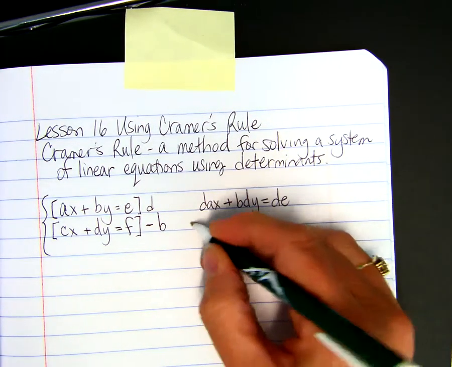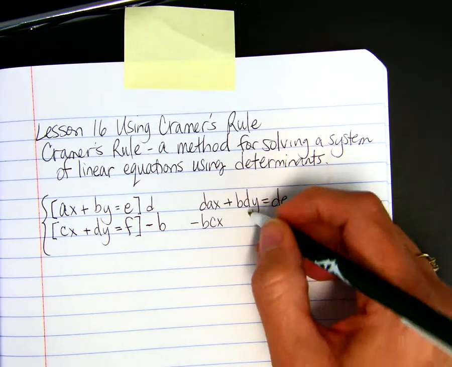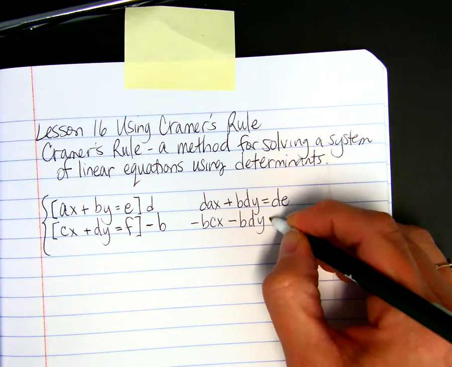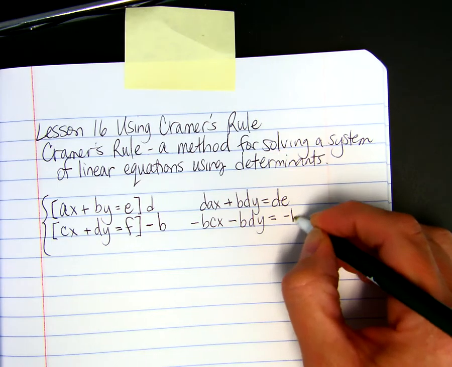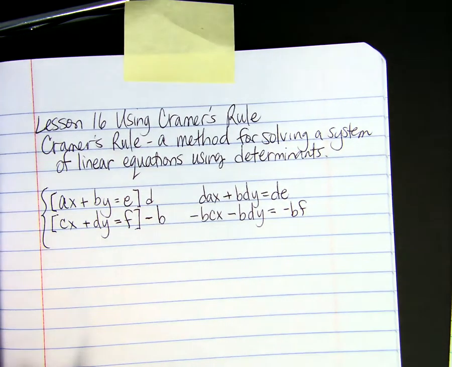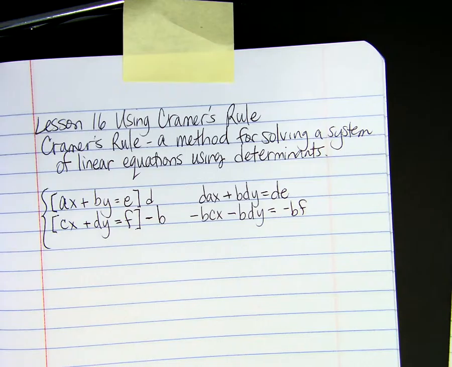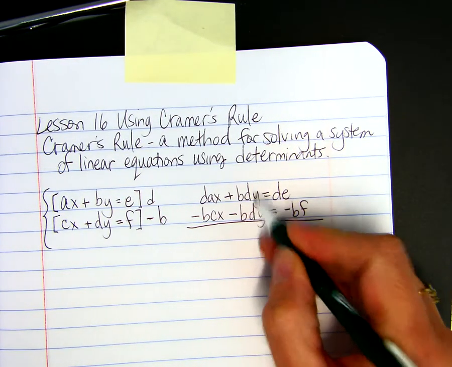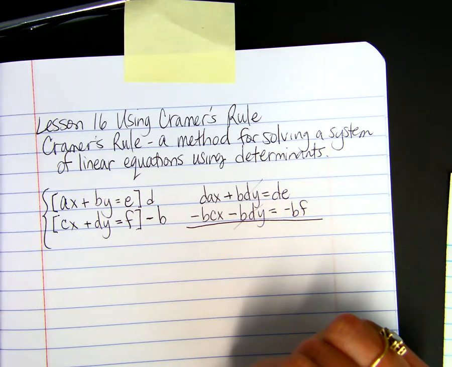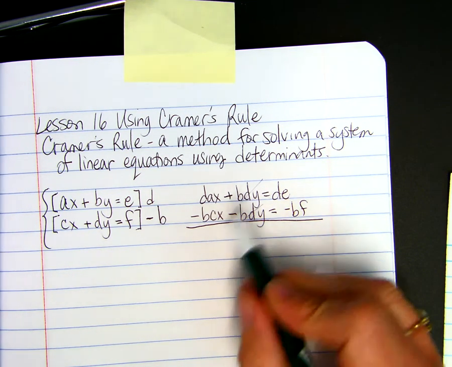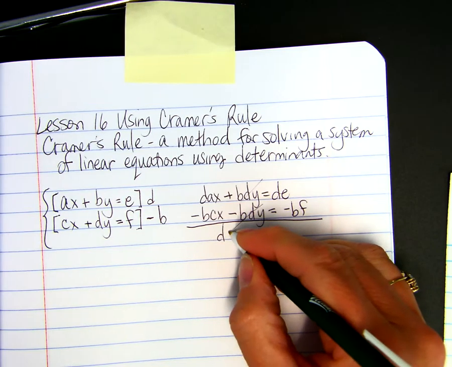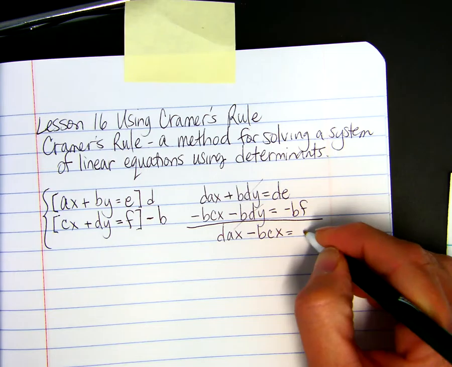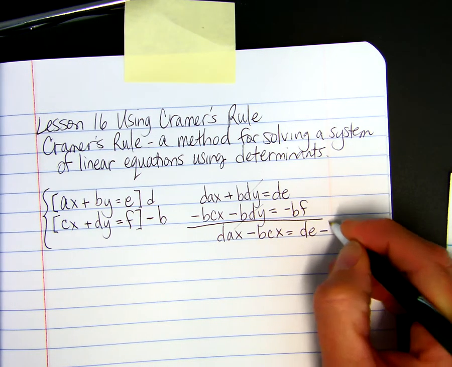Down here we have negative bcx minus bdy equals negative bf. Now we add the two equations together. Notice that the y's go to 0, and we have dax minus bcx equals de minus bf.